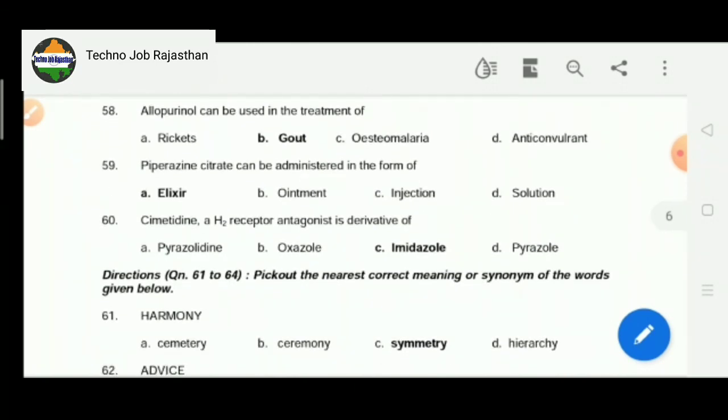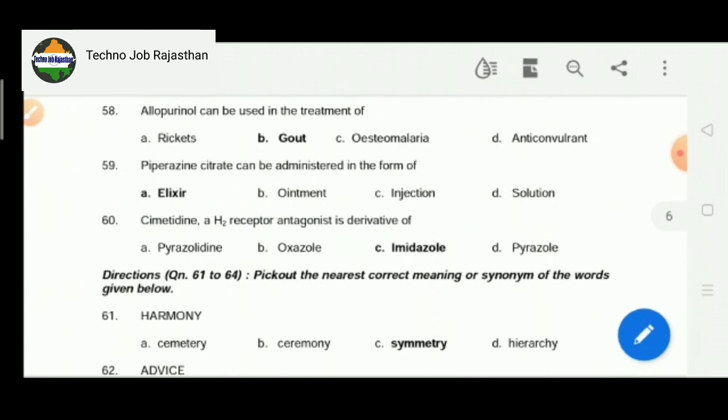Question 59: piperazine citrate can be administered in the form of option A elixir, option B ointment, option C injection, and option D solution. So the correct answer is option A, that is elixir.